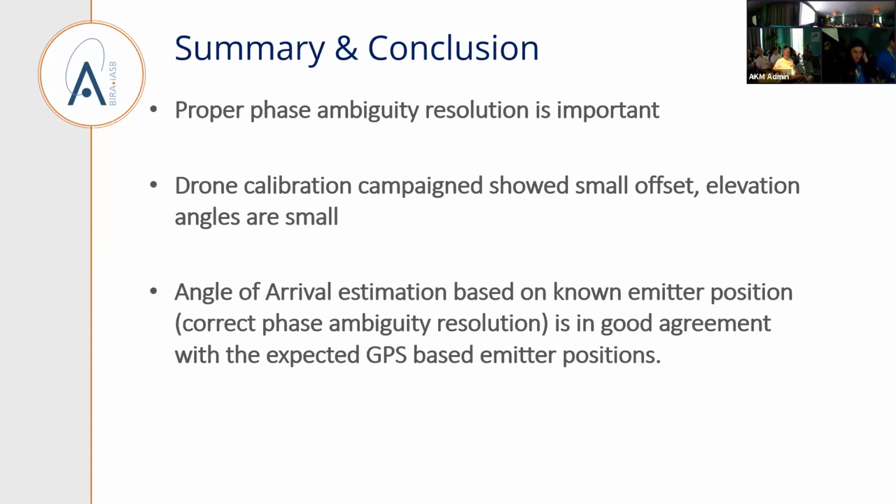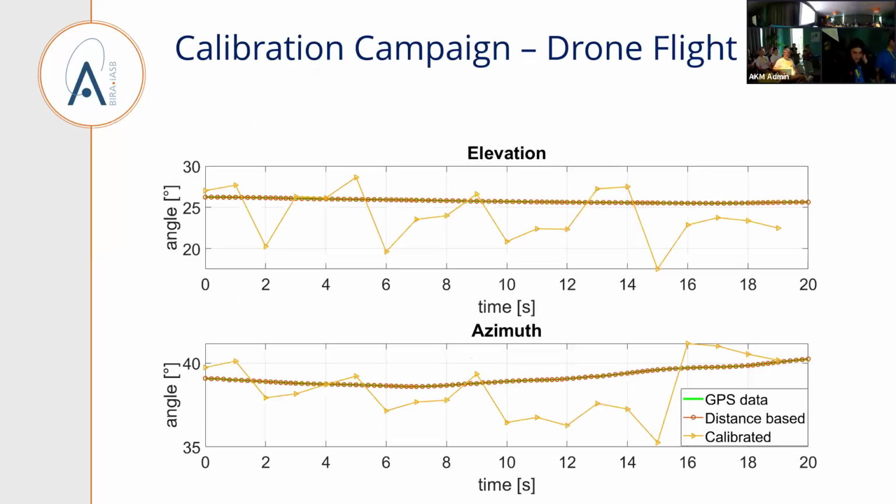But still, the angle of arrival estimation based on a known emitter position, so the correct phase ambiguity resolution, is in good agreement with the expected GPS-based emitter position. Additionally, I did not put error bars here for the GPS analysis. We are expecting an accuracy of ±1 meter of the GPS data.